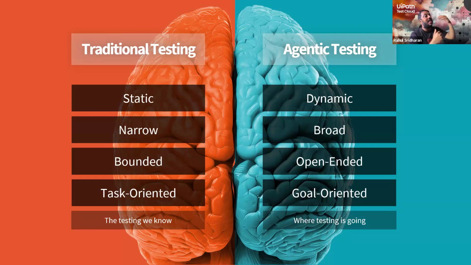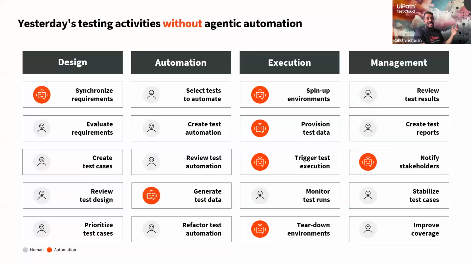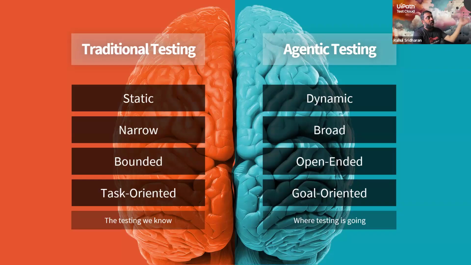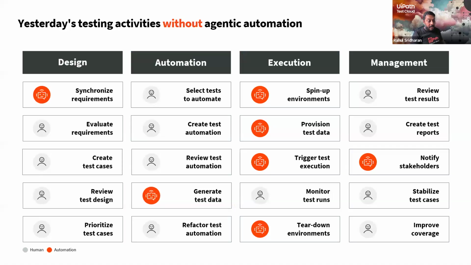So it can help you with the design of test cases, manage your environment changes automatically, and make sense of your test results. In that sense, agentic testing is a very dynamic way of testing your applications compared to traditional testing, which is a very static and task-oriented way, right? This is where the industry is heading, from traditional testing to agentic testing.